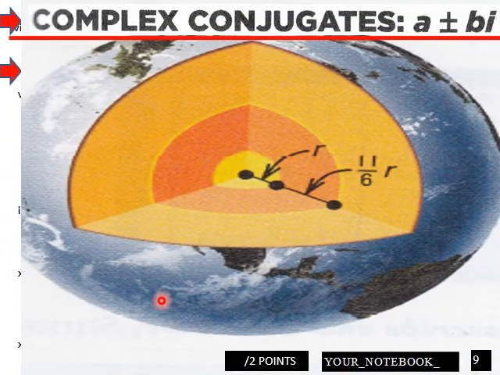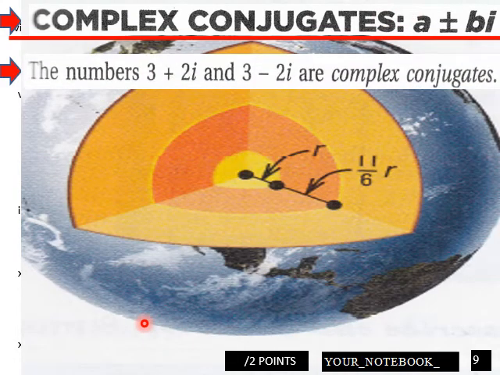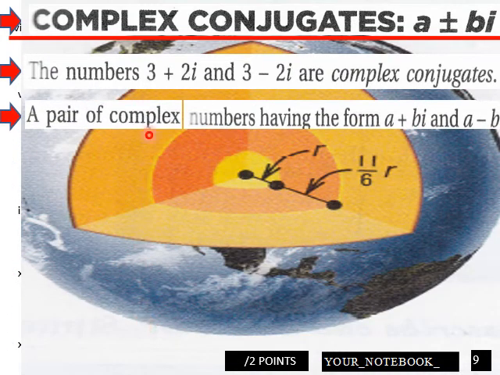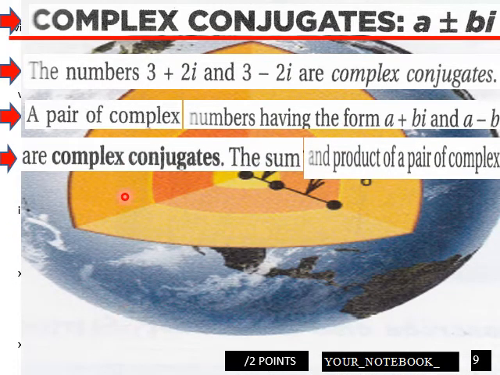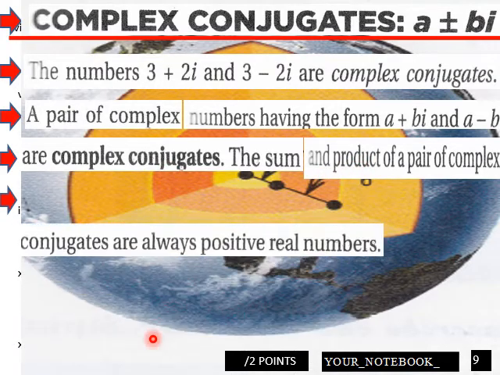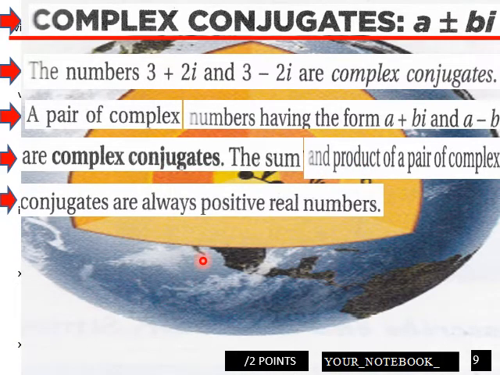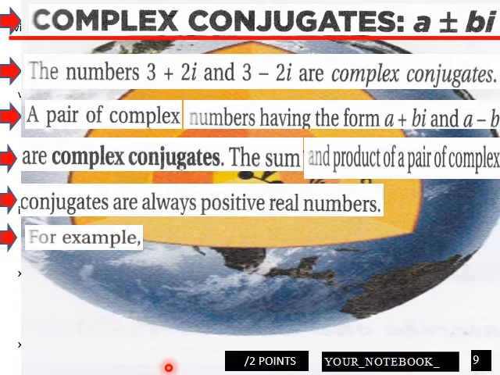So complex conjugates: a plus or minus bi. The numbers 3 plus 2i and 3 minus 2i are complex conjugates. A pair of complex numbers having the form a plus bi and a minus bi are complex conjugates. The sum and product of a pair of complex conjugates are always real numbers.